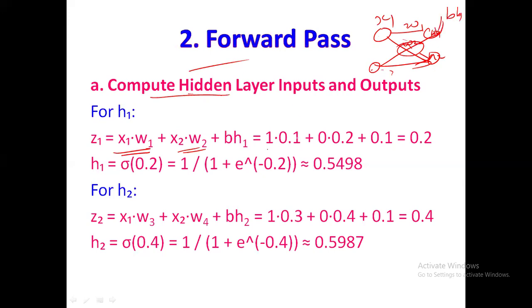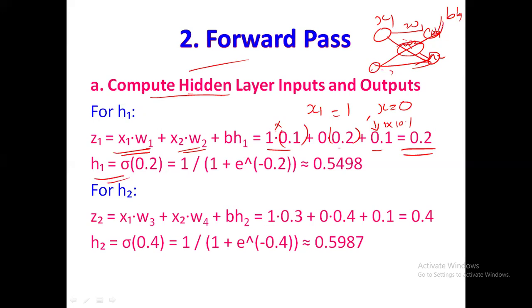For the pattern we have taken, x1 is equal to 1 and x2 is equal to 0. So 1 into 0.1 plus 0 into 0.2, plus 0.1, because the bias input is always 1, 1 into 0.1. Multiplying and adding, we get 0.2.